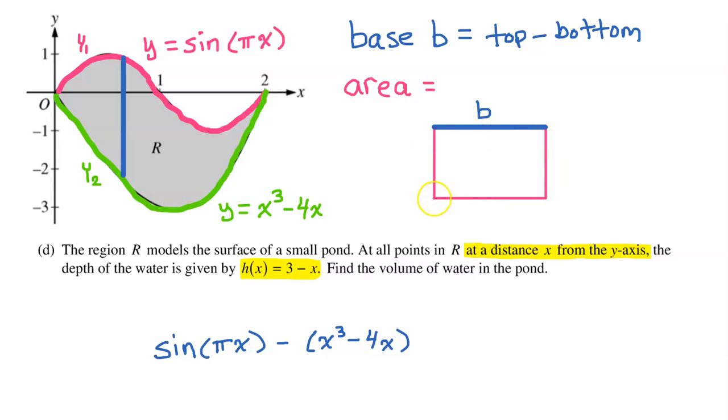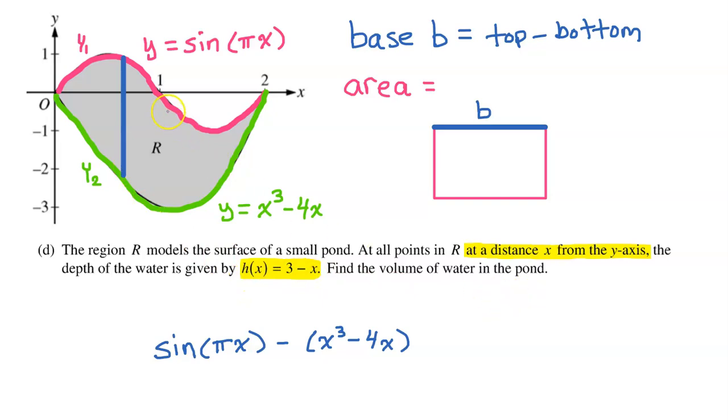But the depth, the bottom of each slice of lake, is also horizontal. It's a constant. That's because at a given distance x from the y-axis, the depth of the lake all along this position is the same. It's given by this function h of x.